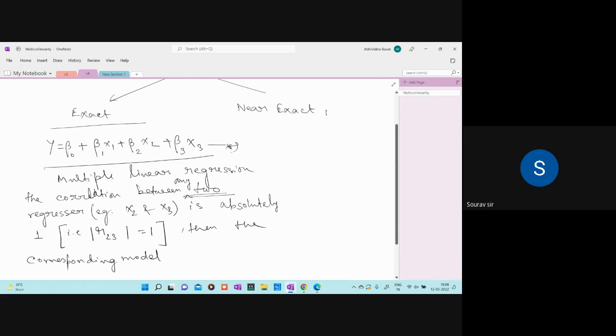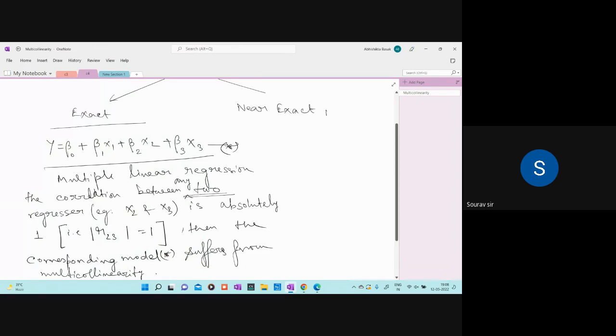My model over here basically suffers from multicollinearity. So this is the concept where the correlation will be exactly equal to 1.